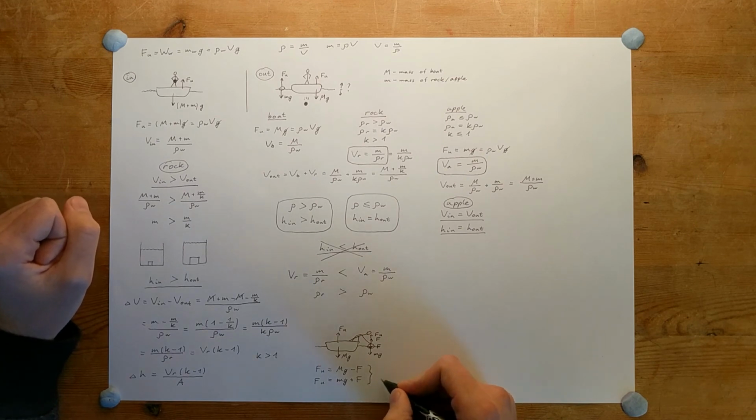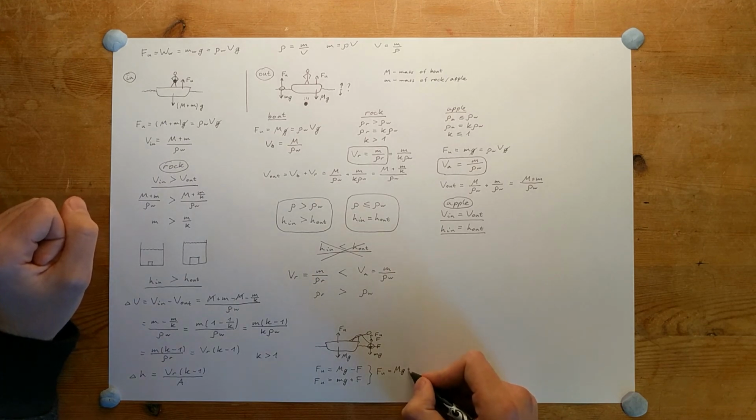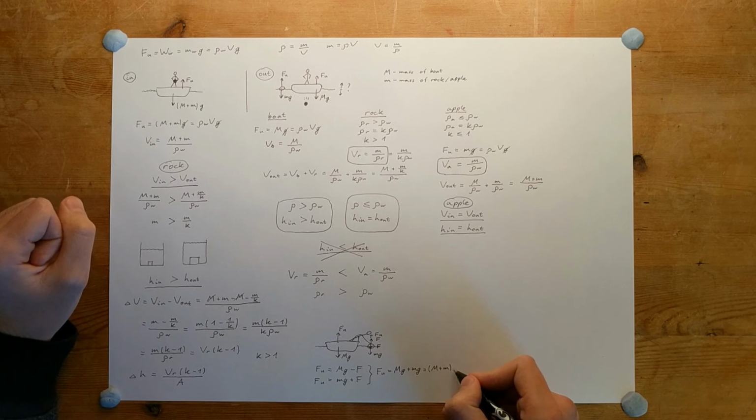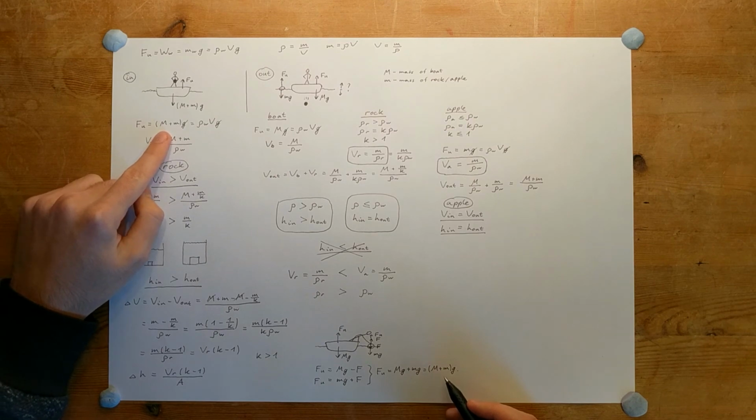And if we add these two forces, so to calculate the total upthrust force, what we get is Mg plus mg, which is M capital plus m small g, and this is exactly the same as we had in the beginning.